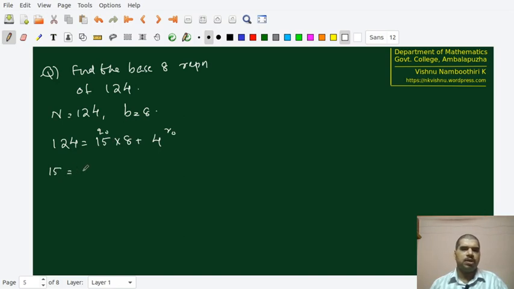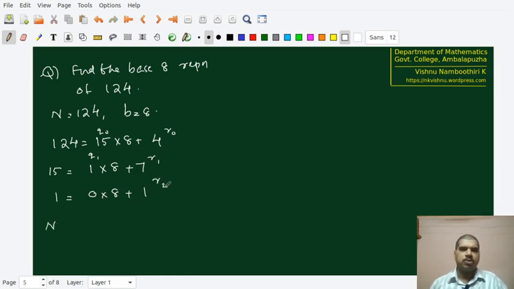Now 15 is equal to, how many 8s are there? 15 is equal to 1 into 8 plus 7. This is our r1. This is our q1. Now, what about q1? q1 is 1. 1 equal to how many 8s are there? 0 into 8 plus, now what's remaining? 1 is remaining. This is our r2.